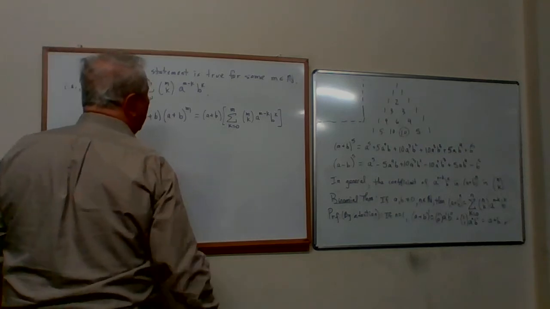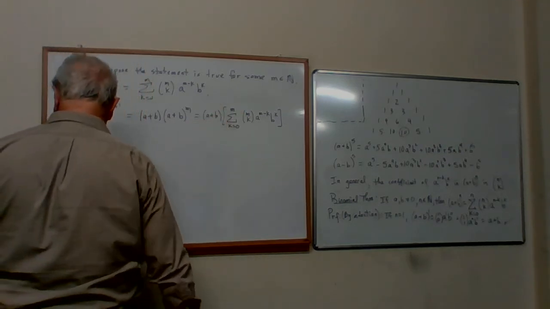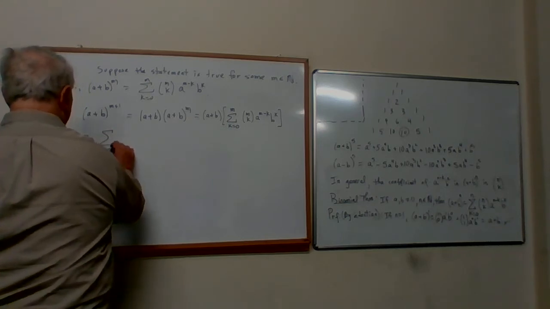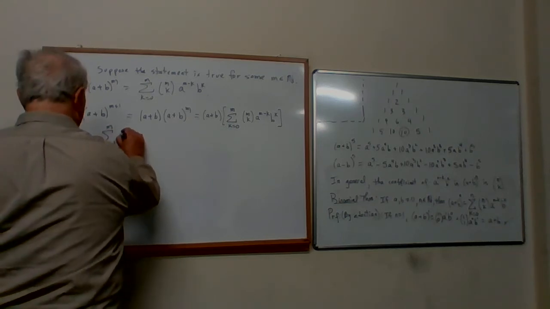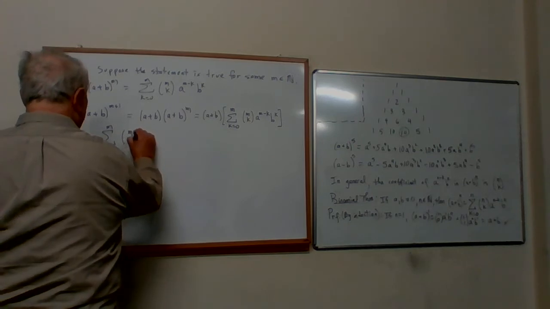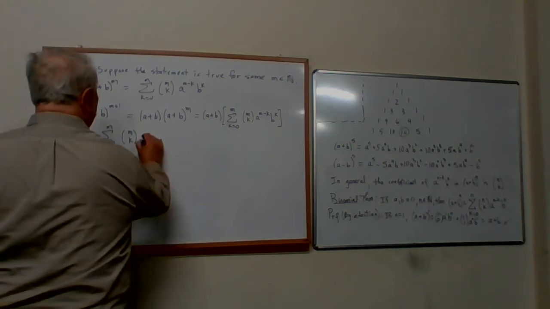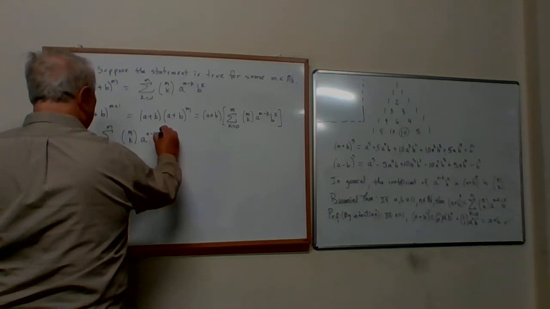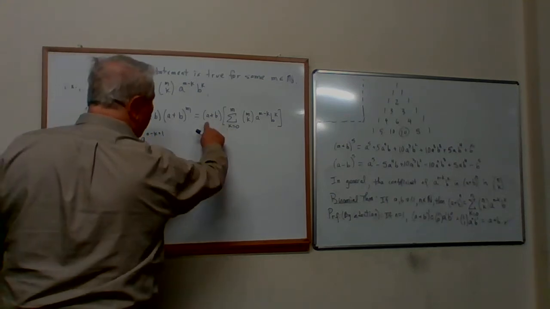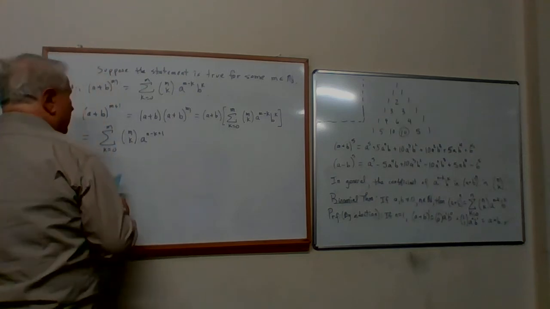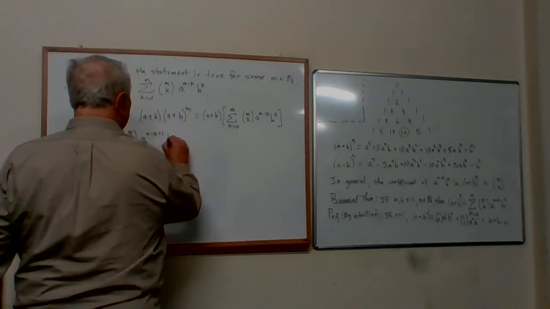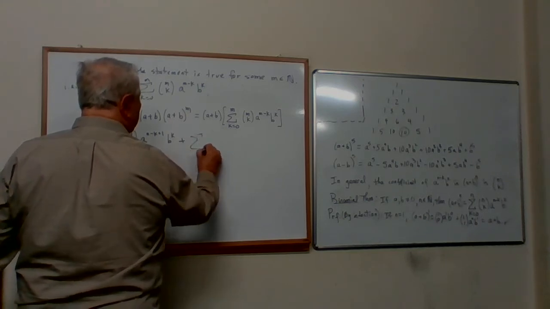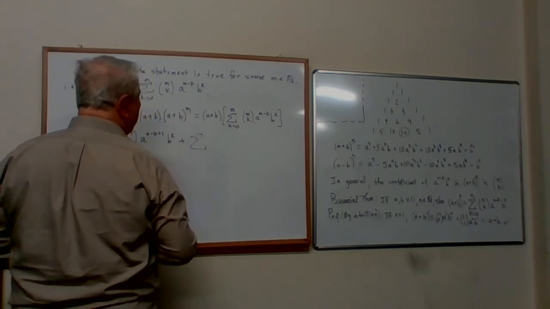Now, let's use the distributive law here and write this as the sum from k equals 0 to m of m choose k times a to the m minus k plus 1, now because I'm multiplying by a, times b to the k, plus this other sum where I'm pulling in the b.